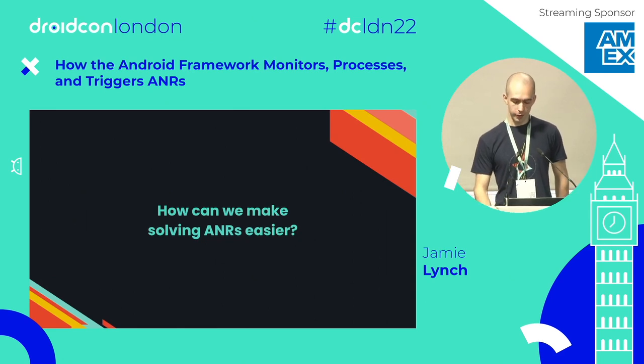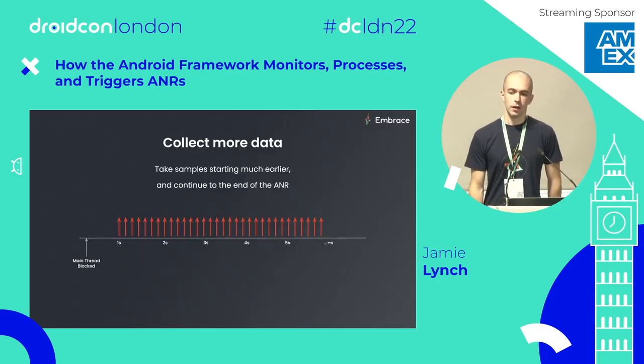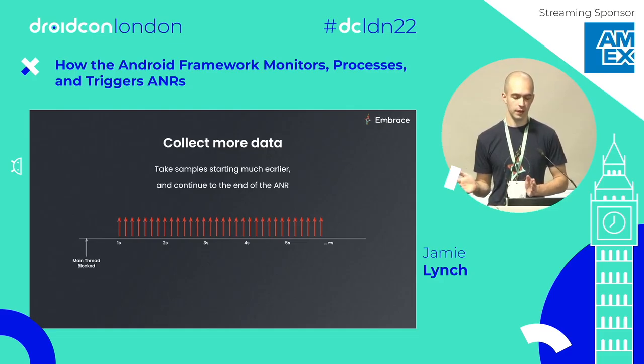So let's talk a little bit about other approaches for solving ANRs a little more easily. One approach is basically to sample the main thread at a much earlier point and keep going until the ANR ends.